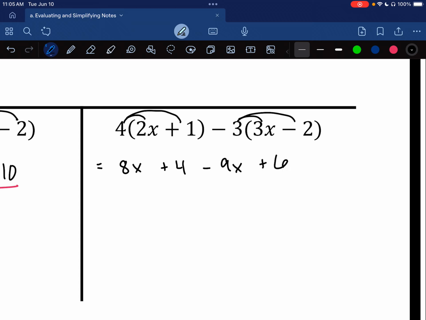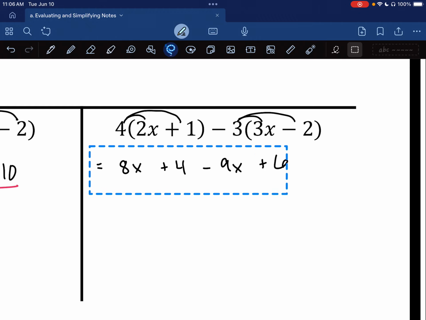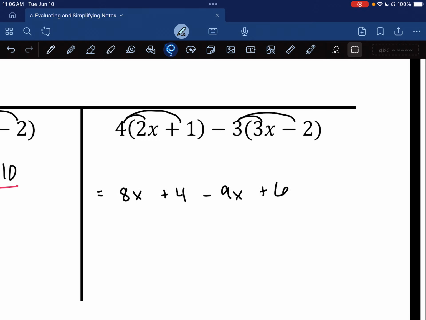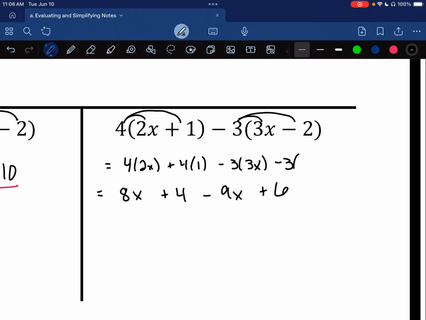So here, let's actually demonstrate that. So if you need to say, hey, oops, I need to show 4 getting multiplied by 2x, 4 getting multiplied by 1, minus 3 getting multiplied by 3x, and minus 3 getting multiplied by negative 2. That's a-okay, right?